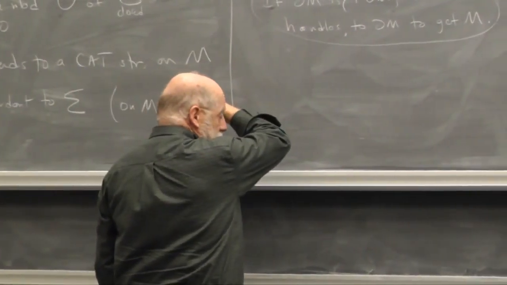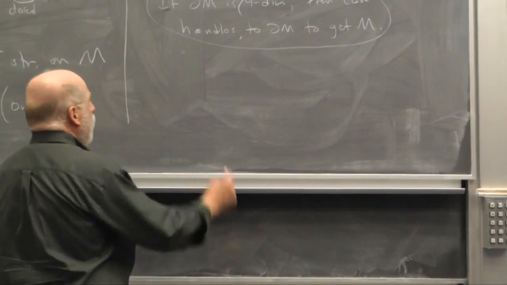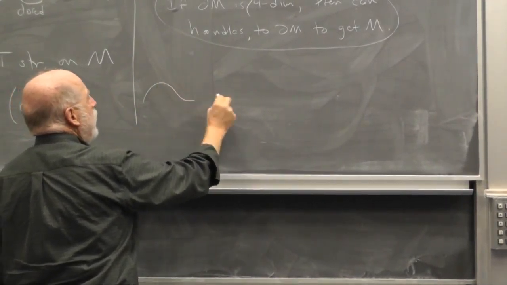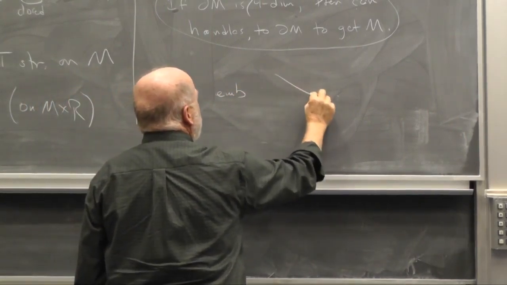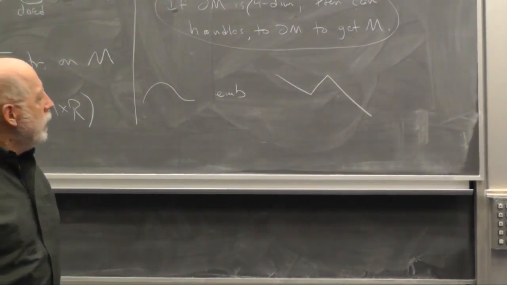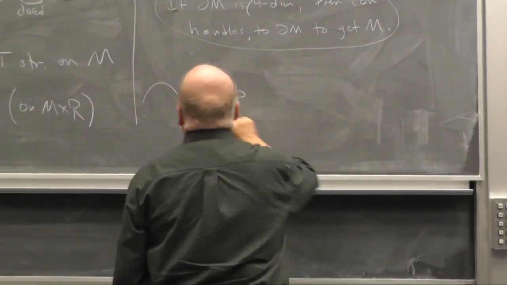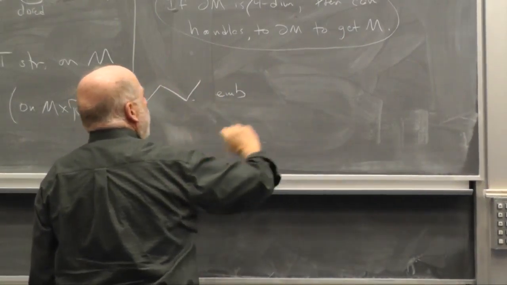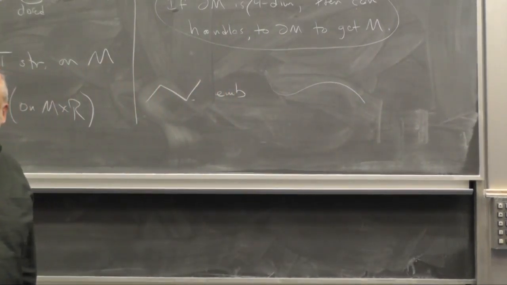So let's just take a simple case. I've got a PL arc, and it's embedded this way in the plane, so it's not a PL embedding.